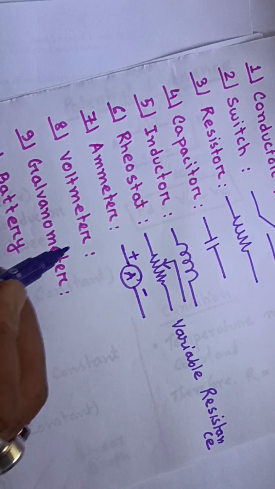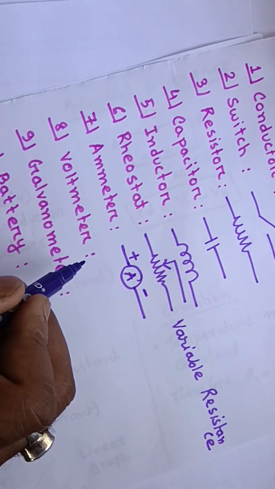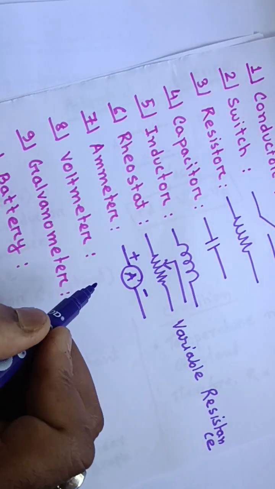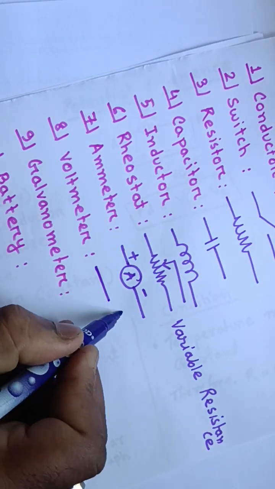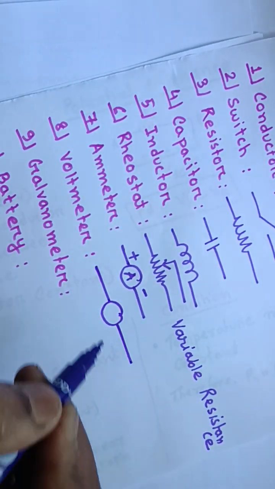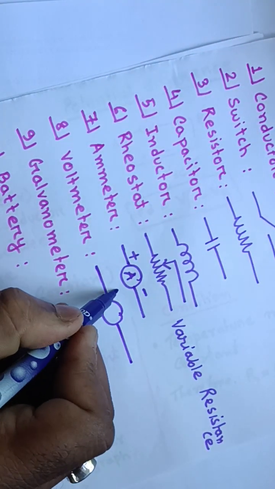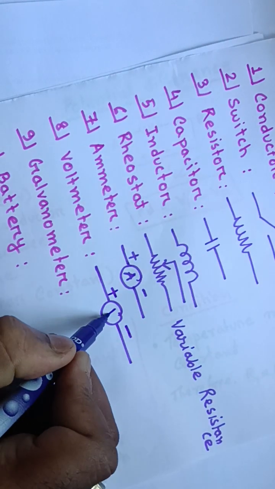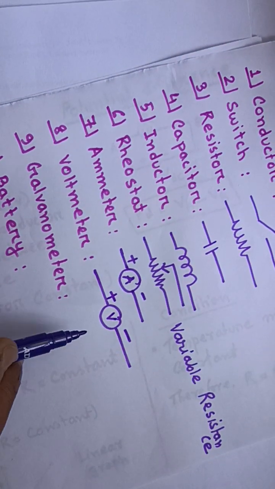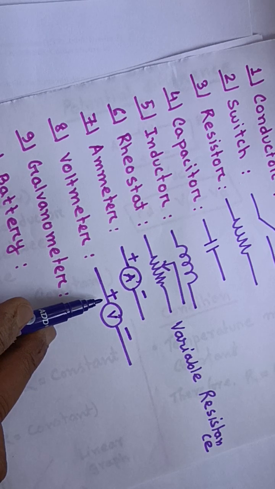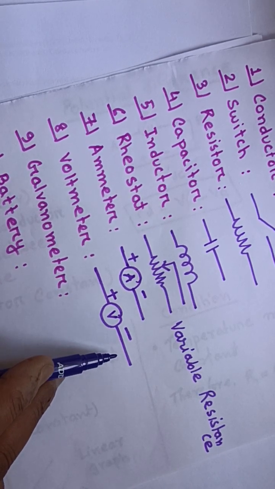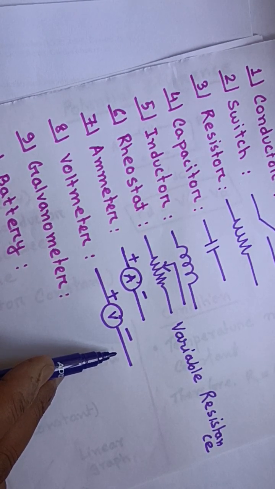Next one is the voltmeter, right? The symbol of the voltmeter will be this one. Like the ammeter, it also has a positive polarity terminal and a negative polarity terminal, right?